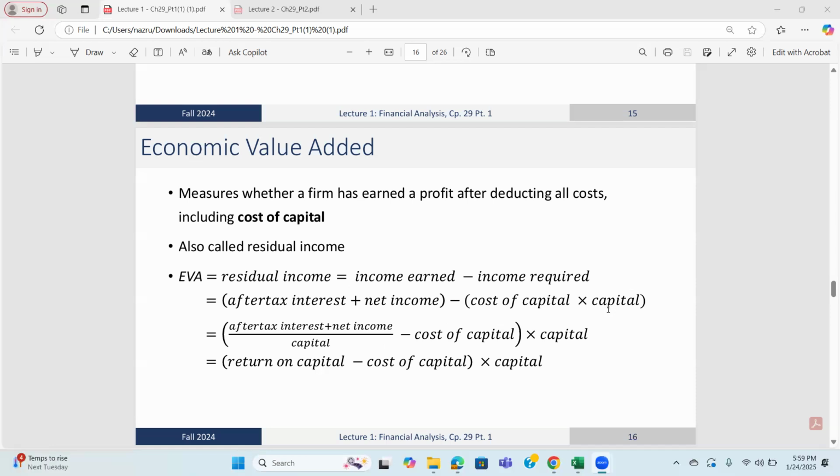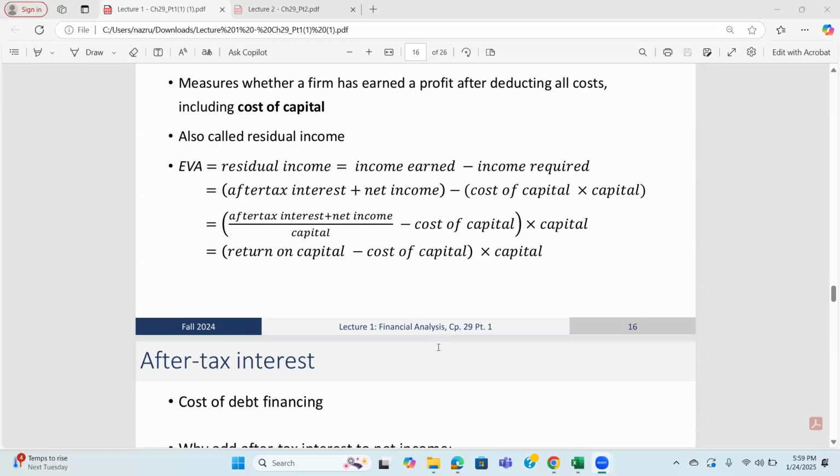The capital includes the debt and equity, and the cost of capital is the rate, which can be equivalent to weighted average cost of capital. Anyway, to get a simplified formula, we can multiply capital in numerator and denominator, and then we can get the exact formula here. You can see the return on capital, and then we subtract the cost of capital and it multiplies with the capital.